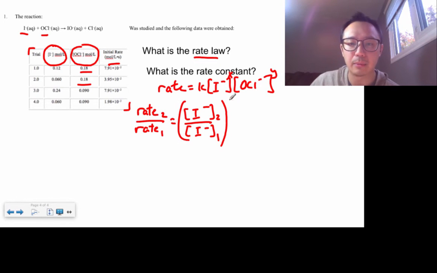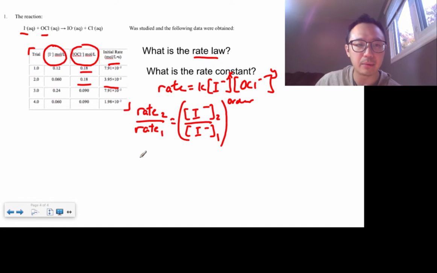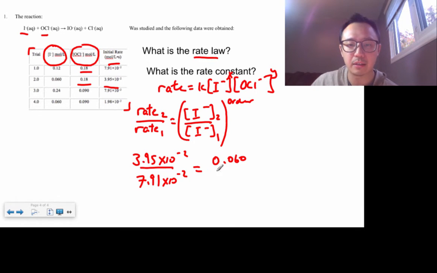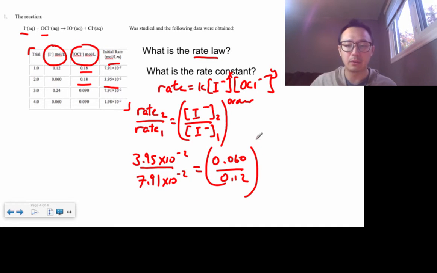So this is going to be to the power of the order, which is your x. Sub in some numbers. So this is going to be 3.95 times 10 to the negative 2 divided by 7.9 times 10 to the negative 3, which is equal to 0.06 over 0.012, and then this is all to the power of the order.